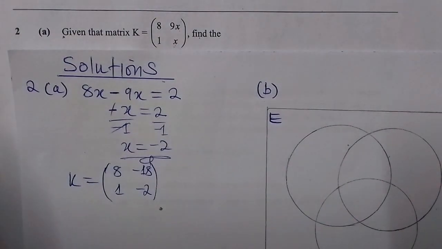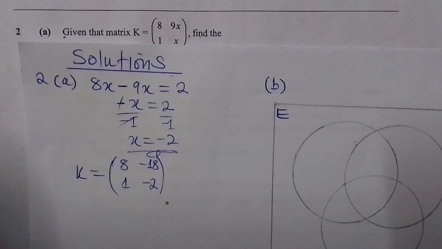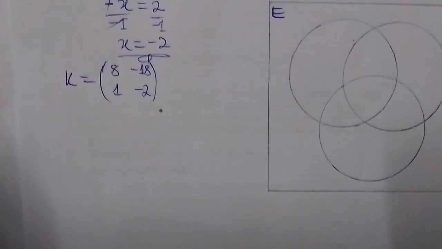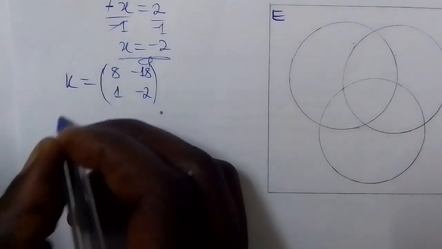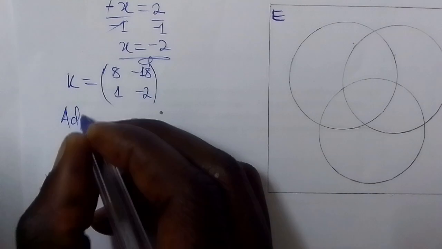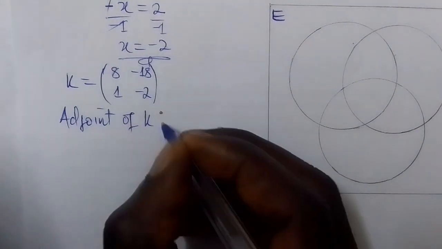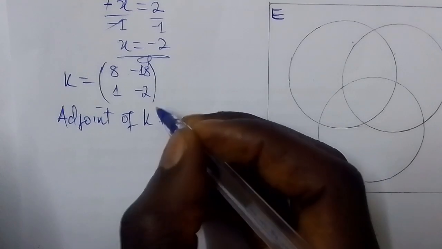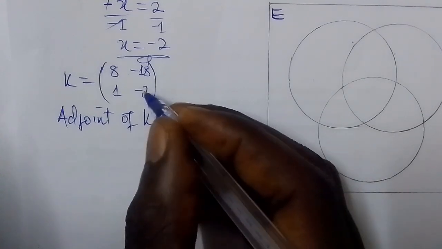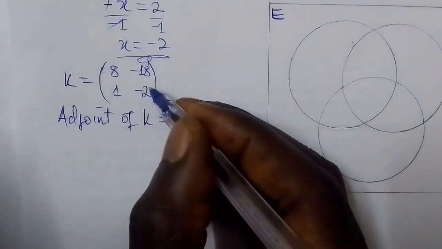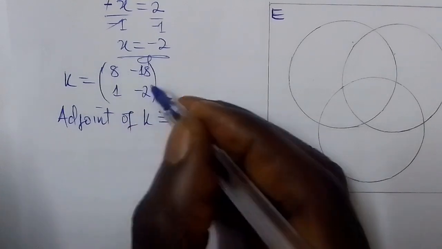First of all, let's get the adjoint of matrix K. What is the adjoint of matrix K? To get the adjoint of K, we first interchange elements in the major diagonal.